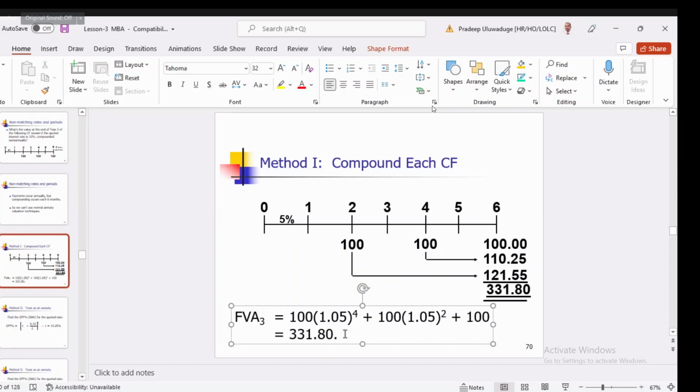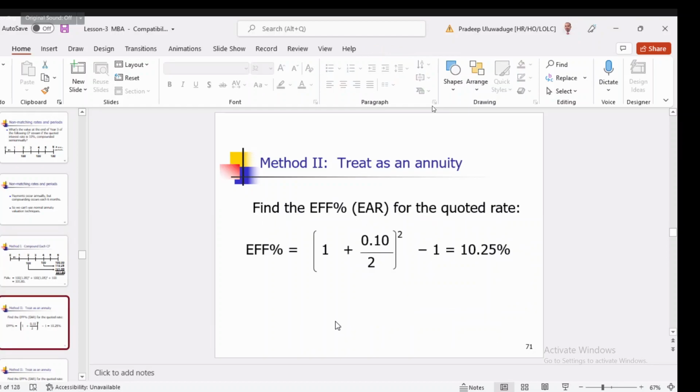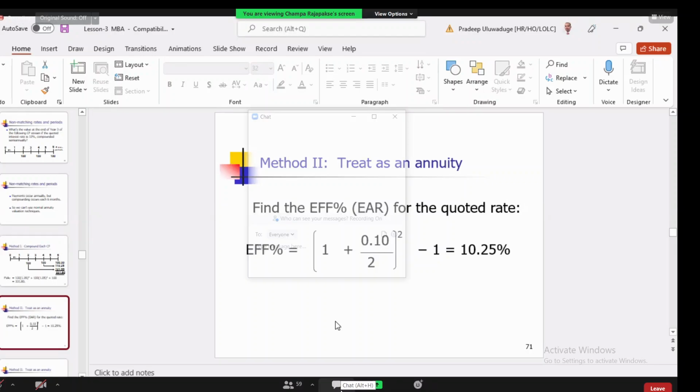So method two: treat it as an annuity. First find the effective interest rate, the interest yield, the APY.